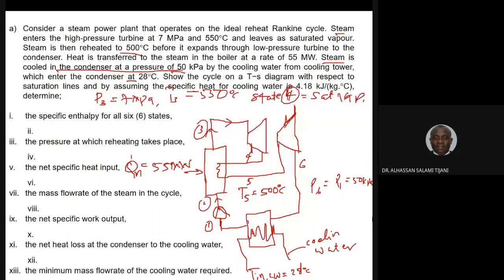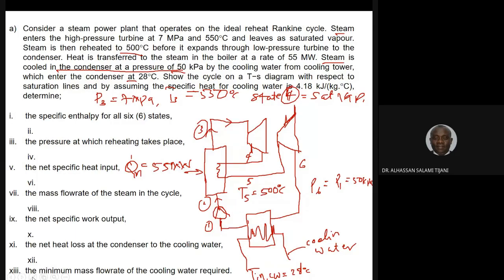The steam enters the high pressure turbine at 7 megapascal and 550 degrees Celsius and leaves as saturated vapor. The steam is then reheated to 500 degrees Celsius.